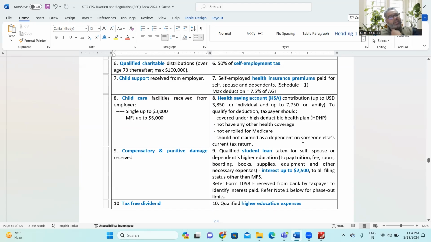So these four conditions need to be met if the employee needs to avail the benefit of 3850 or 7750, as the case may be, for health saving account contribution. Employer contribution was there anyway, but employee contribution is also being considered as exclusion.